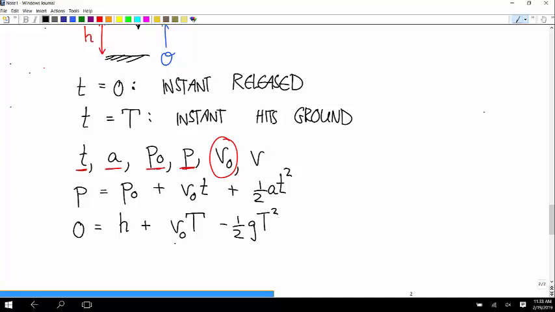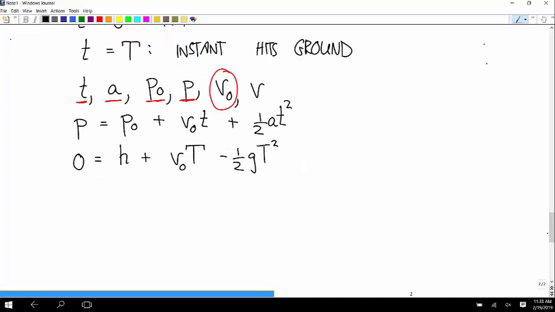And now we're just solving for v sub 0 in terms of those other ones. So we have 1/2 g capital T squared minus h, all divided by T, is equal to v sub 0.